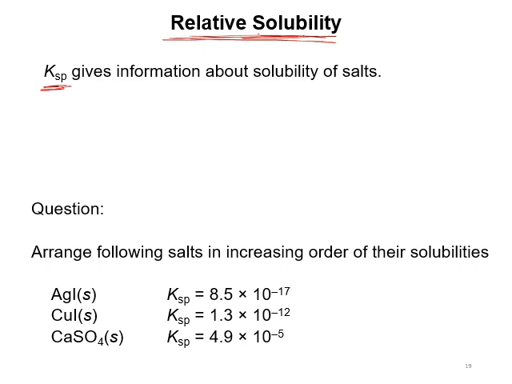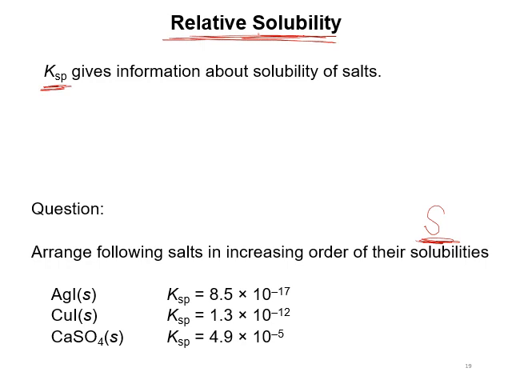So how can we figure out their increasing order of solubilities? Solubility is capital S. Just by looking at Ksp, you cannot arrange the salts based on their values of Ksp. You first will have to figure out what is capital S, and then based on capital S, we can arrange them in their solubility order.